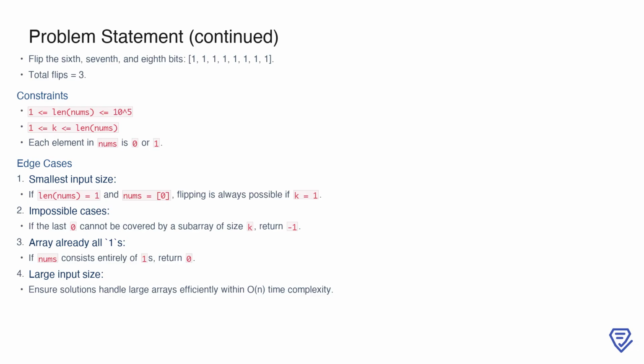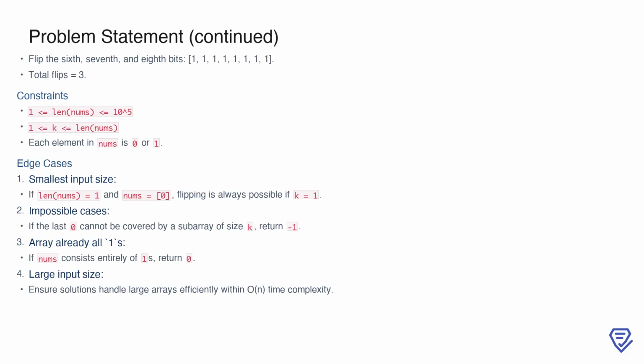To summarize the problem constraints and edge cases, the binary array nums can have a length ranging from 1 to 100,000, and the subarray size k is always between 1 and the length of nums. Each element in nums is either 0 or 1. Key edge cases include the smallest input size, where nums has only one element.